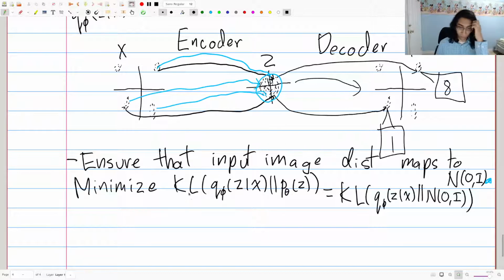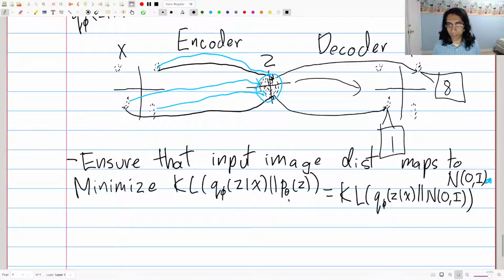Recall that KL divergence is a type of distance between probability distributions. So this is saying how far these two quantities are from each other. And what are these two quantities? P theta of z is just the probability distribution that we're trying to enforce on this latent vector z. We're going to try to make it a normal with zero mean and identity covariance. So that's why we substituted it in.